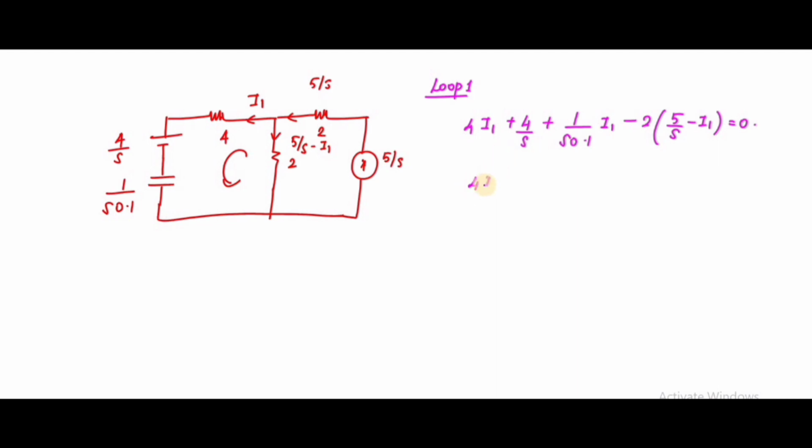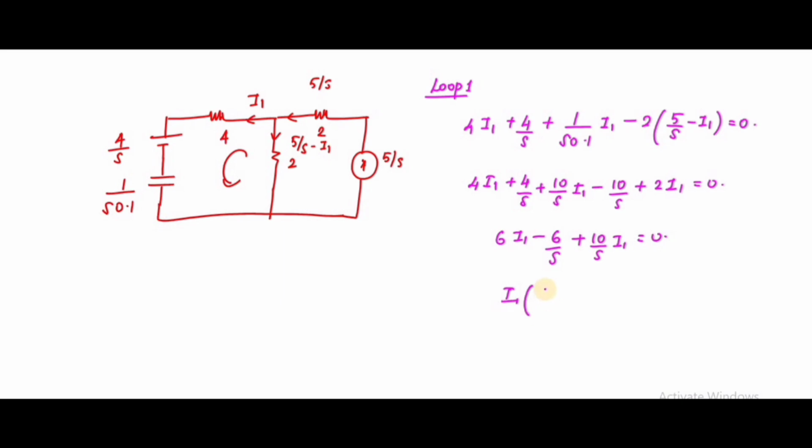If I solve, 4I1 plus 4 by s plus 10 divided by s into I1 minus 10 by s plus 2I1 is equal to 0. Simplifying again, 6I1 minus 6 by s plus 10 by s I1 equal to 0.